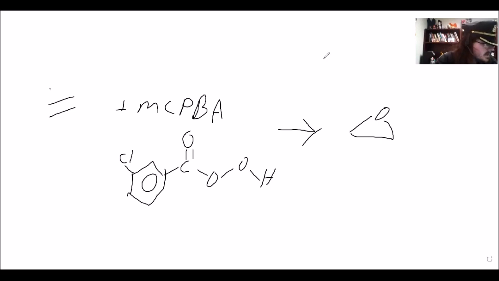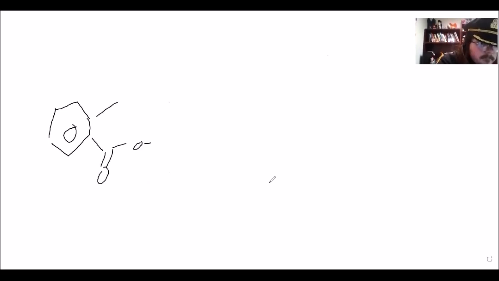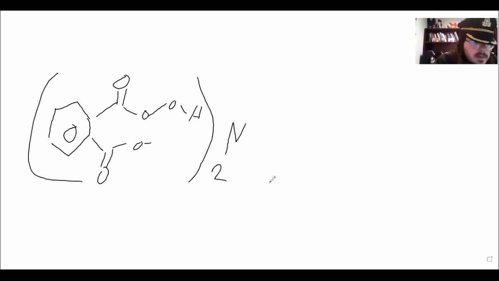Another way is there's another peroxy group, magnesium monoperoxyphthalate. So magnesium, you'll see some similarities here, and two of those groups stabilized by magnesium. The previous one was halogen soluble.